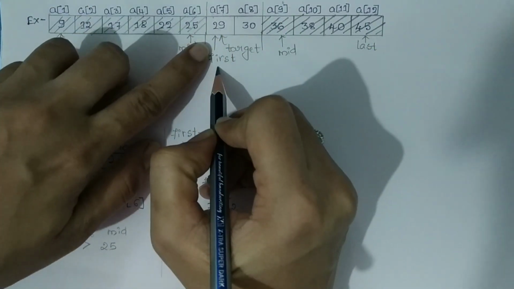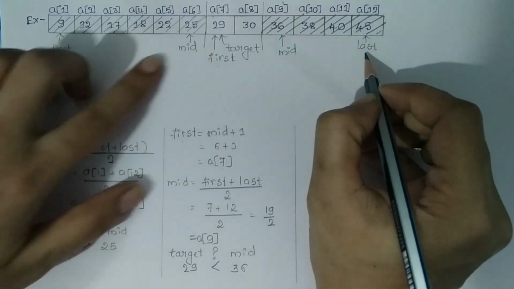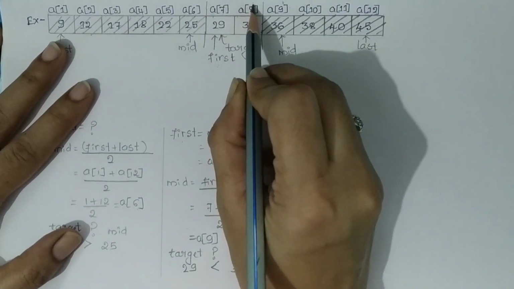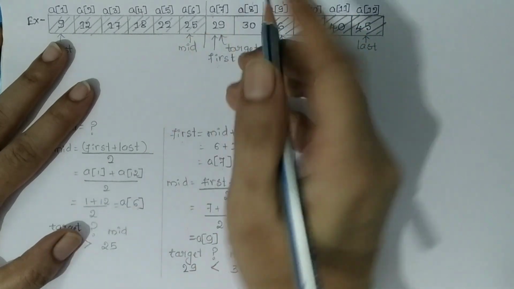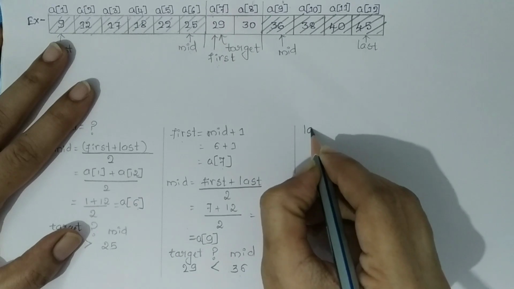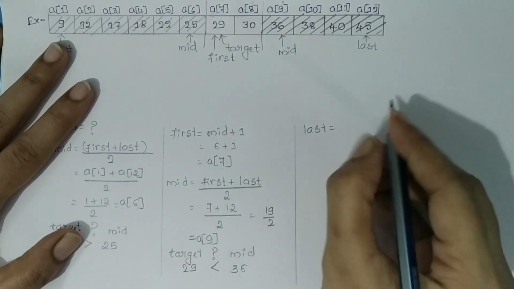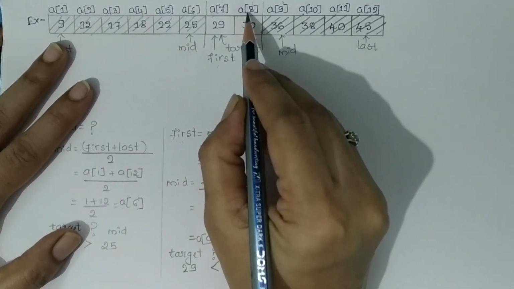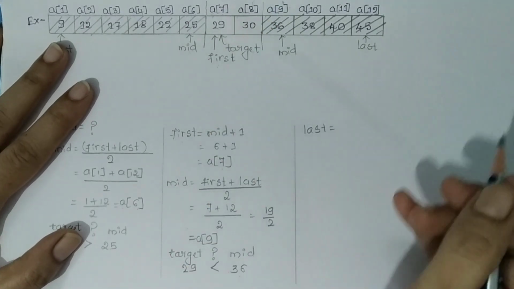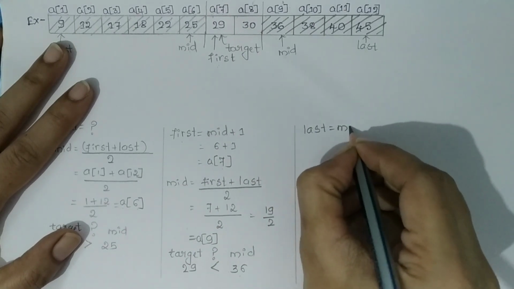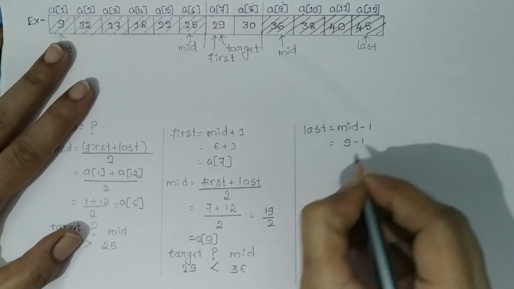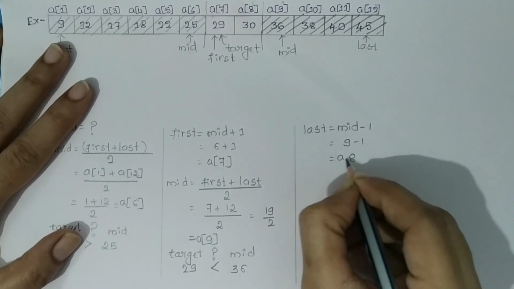Array of 7, that is first, and array of 8. Here the last element is eliminated, so I have to consider this element. Only 2 elements are left, so this will be the last element of the list. So I have to assign last equals to mid minus 1, that is mid is 9, minus 1 becomes 8.